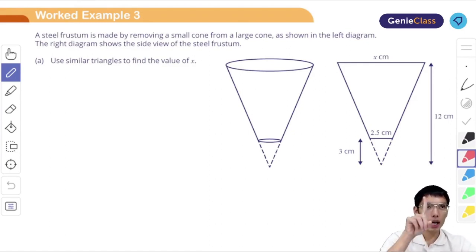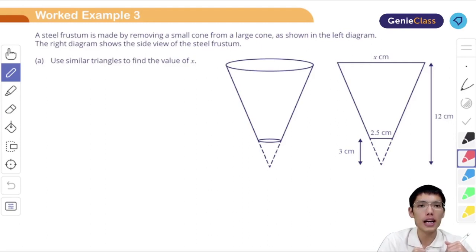Can anybody tell me what is one ratio we can use over here to prove this one of the similar triangles? What are the two sides we can use first? Let me do a start first.